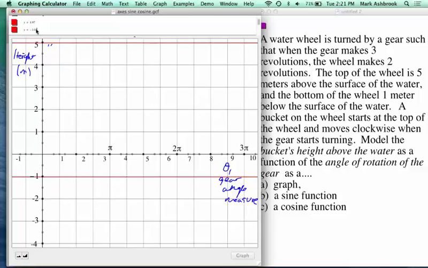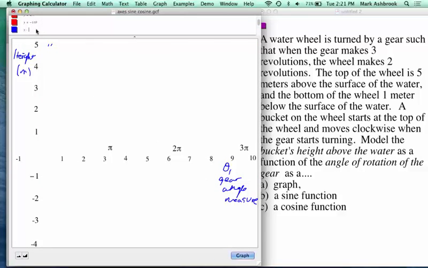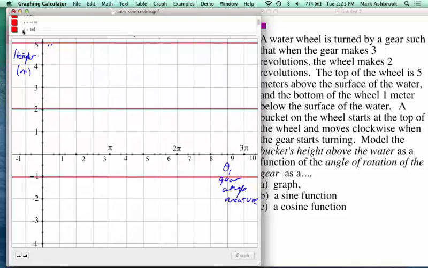That's easy. What's the midline? Okay, good. And then all we need left is the period.